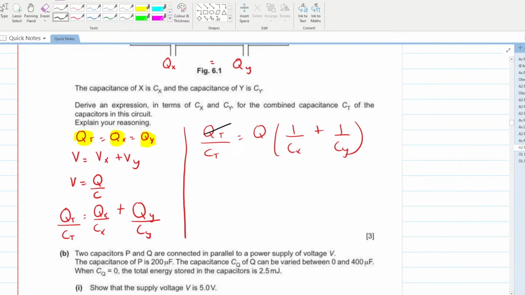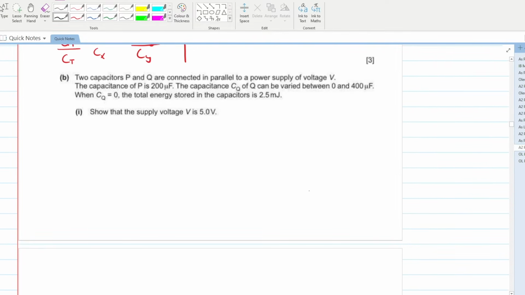Charge will get cancelled out. This charge and this charge will get cancelled out. 1 upon Ct is equal to 1 upon Cx plus 1 upon Cy. Simple as that. Two capacitors P and Q are connected in parallel to a power supply of voltage V.